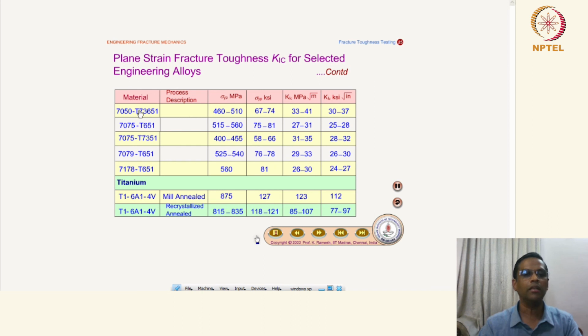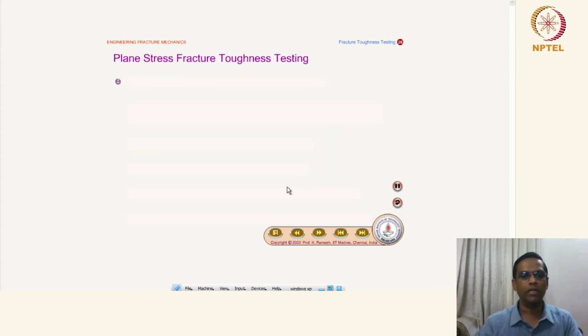When you say T, this kind of coding indicates the type of heat treatment the material is subjected to. For titanium alloy, this is Ti64, titanium 6 aluminum 4 vanadium, a very popular alloy. You can see that the K1C values are very high. That means they are all aerospace alloys, right? Titanium alloys generally have very high fracture toughness.